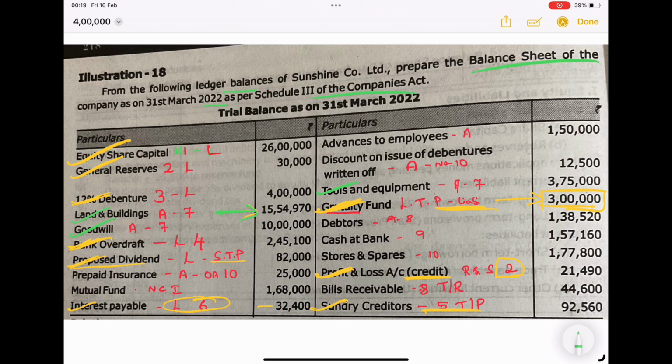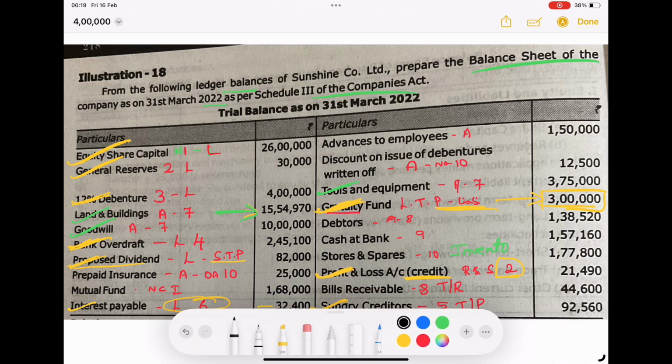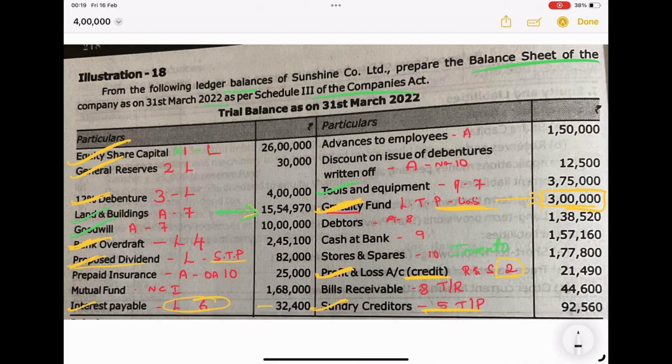Here spare parts and loose tools, these things will come under inventories. Yes, we can identify this as inventory, because for this particular thing we don't have any depreciation calculation.